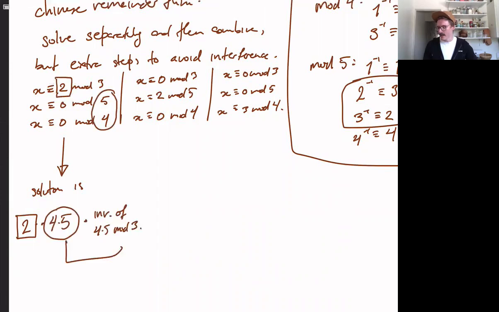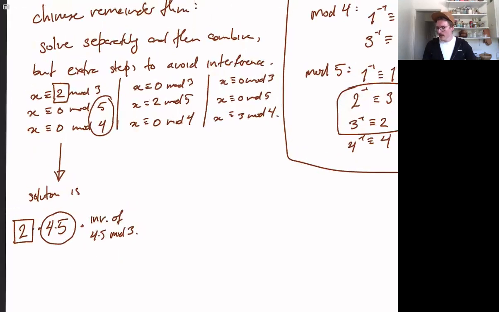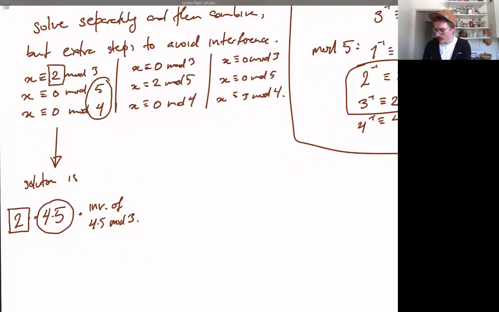And these 2 cancel out, mod 3, so you get the thing you wanted there as well. And once you have this outline, you can see that all you need to do is find an inverse of 4 times 5 mod 3. So let's do that real fast.